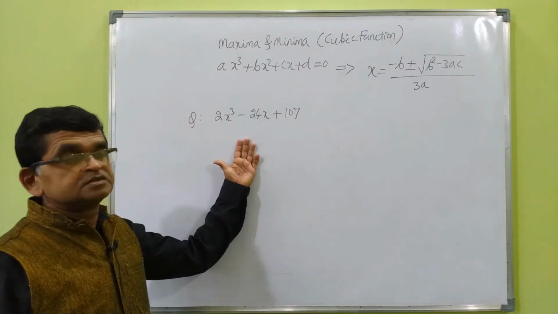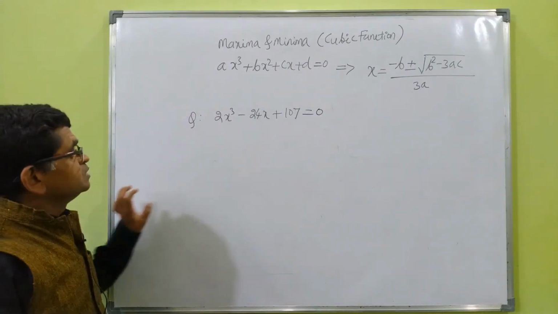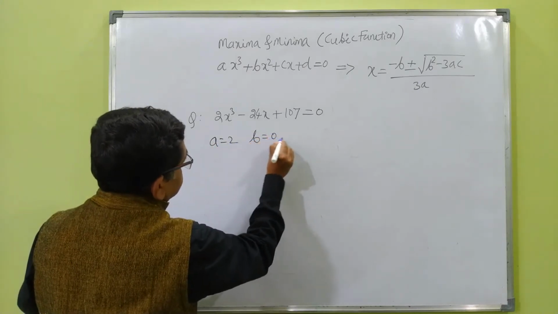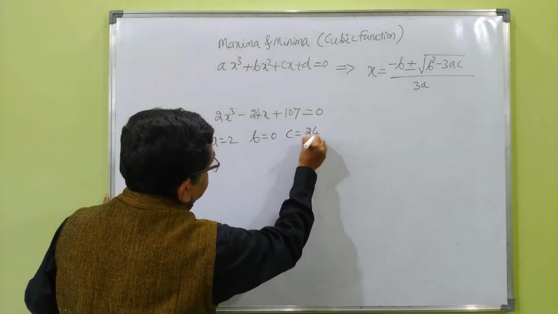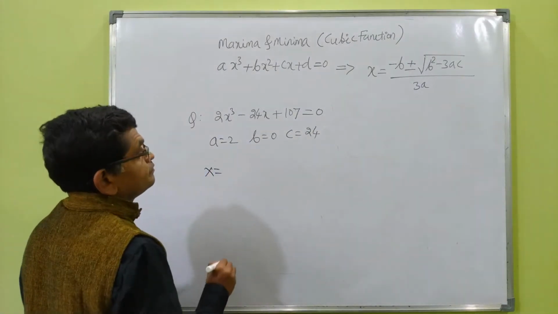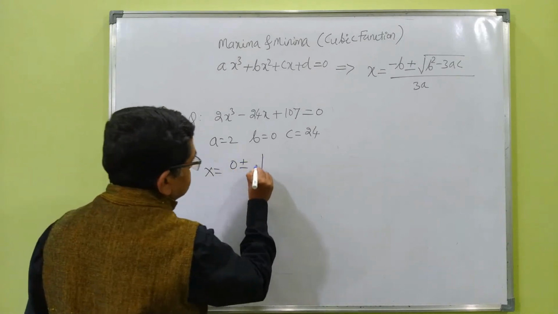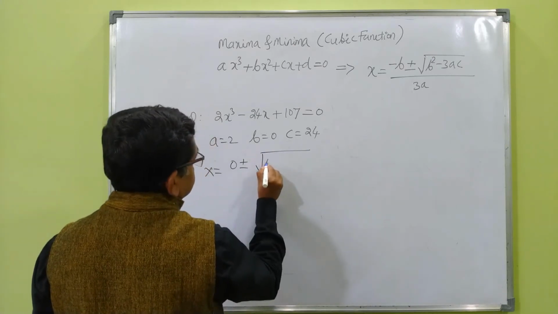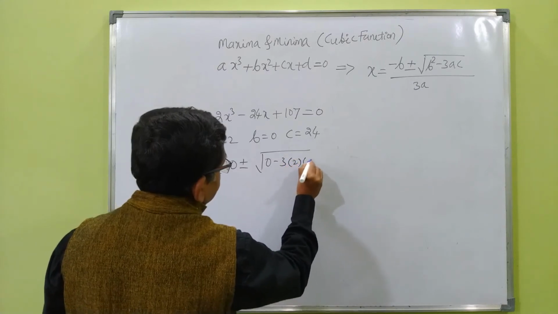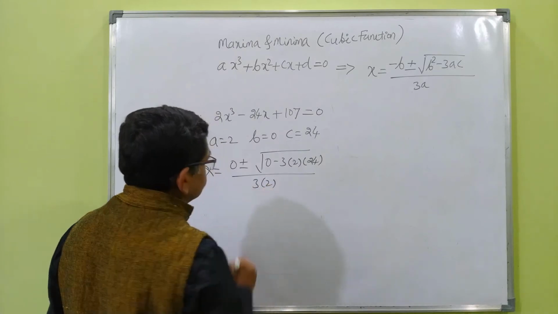Say another function is, okay, here a is 2, b is 0, c is minus 24. Okay, x is equal to minus 0 plus or minus b square minus 3ac, 3 into 2 into 24 divided by 3 into 2.